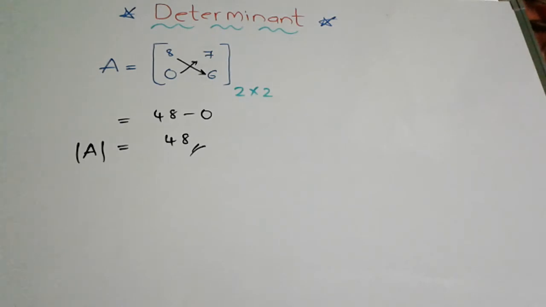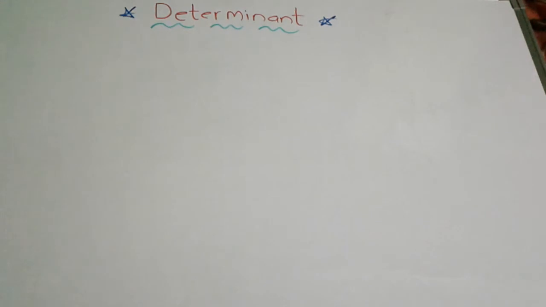And let's move on to the 3 by 3 matrix. Let's see how to find the determinant of a 3 by 3 matrix. For that I am considering a 3 by 3 matrix.